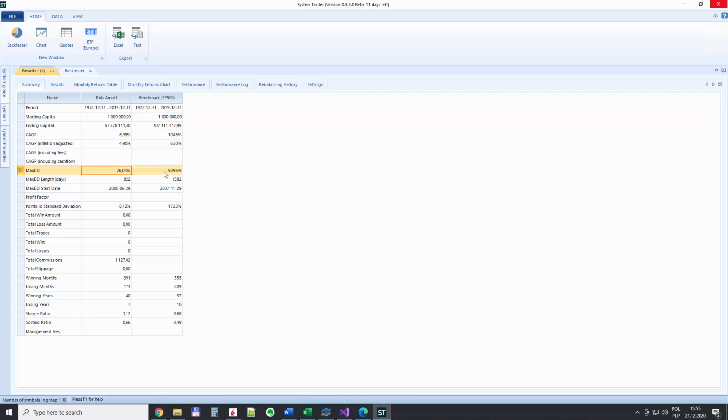So if the portfolio is going down by 50%, also the portfolio is not that volatile as if we would go 100% into the S&P 500, because the volatility here on a yearly basis is 8.1%, which is twice less than what we could experience in terms of the S&P 500 index.